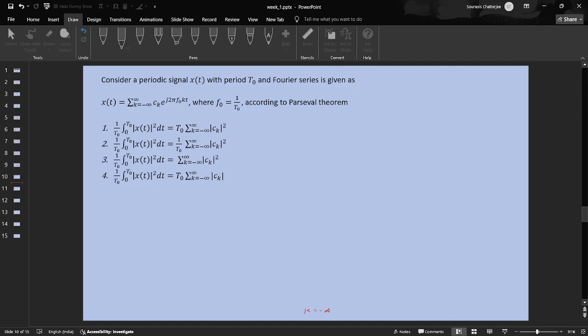So Parseval theorem, what we have already seen, when we have a signal, we have a time domain representation, and we have its equivalent frequency domain representation.